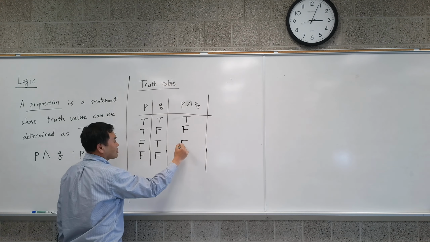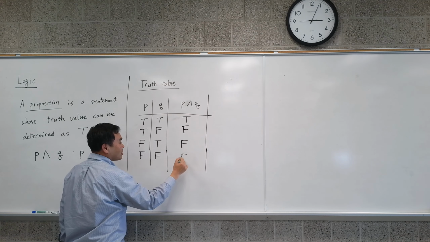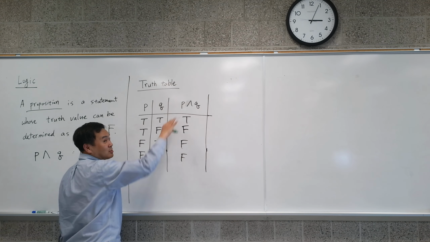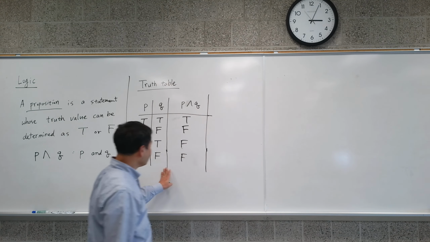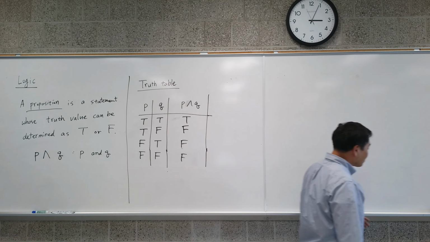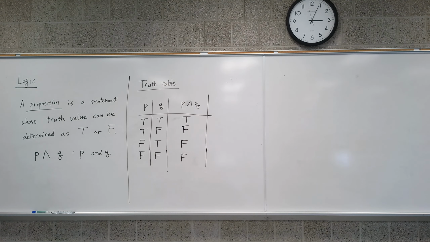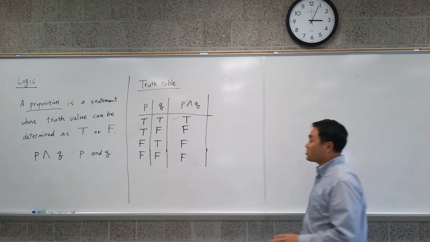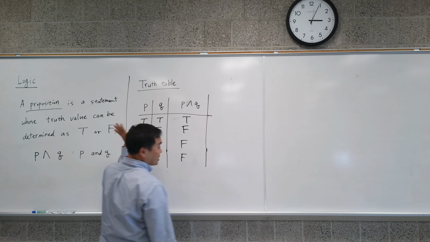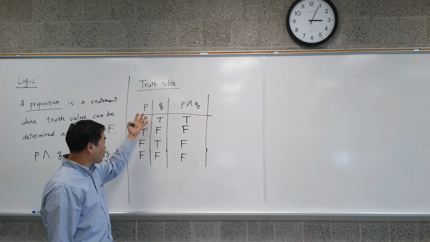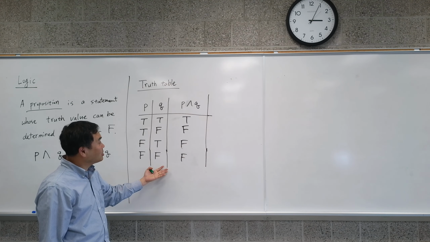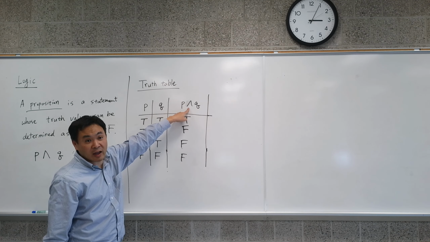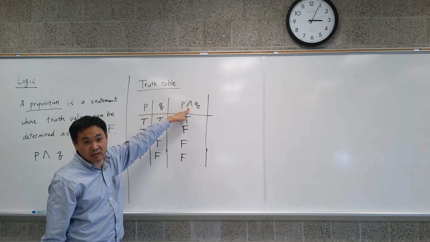In other words, if any one of P or Q is false, then you can't say they're both true. That statement will be false. And having the truth table allows you to understand what's going on fully, because this is all the possibilities. So if somebody presents you with a truth table, that describes the operator fully. All right.